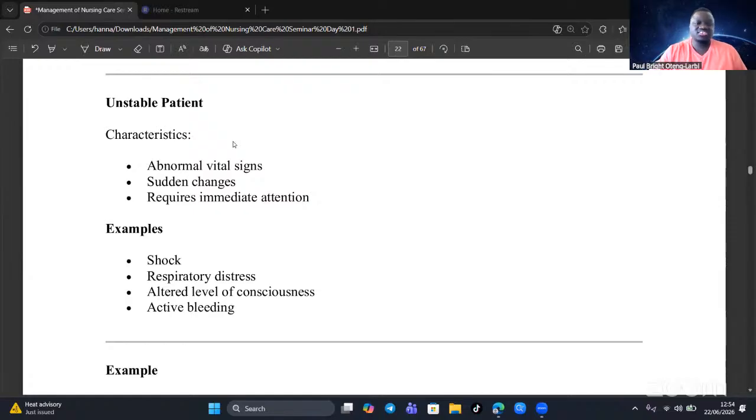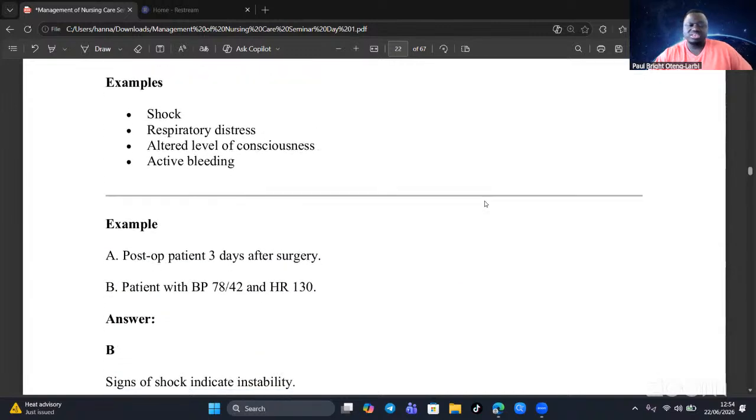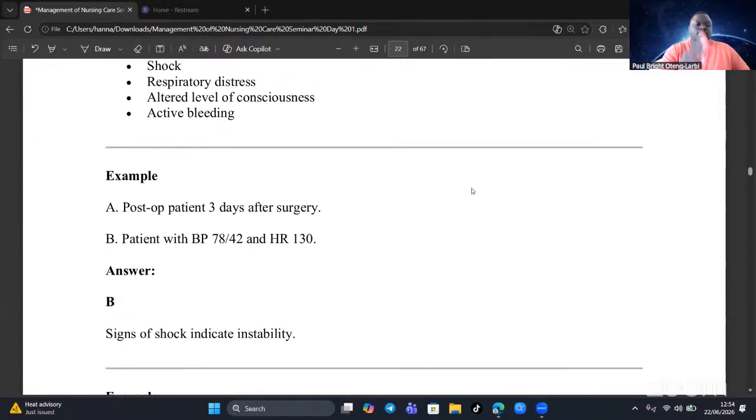Unstable patients have abnormal vital signs, sudden changes that require immediate attention, like shock, respiratory distress, altered level of consciousness, active bleeding. So example, a post-op patient 3 days after surgery with blood pressure 78/42 and heart rate 130.